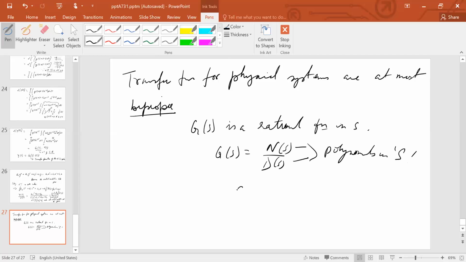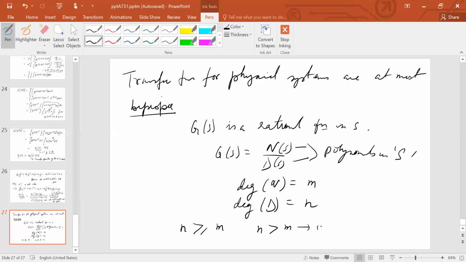All right. So the degree of N, suppose, is m, and the degree of D is suppose n, then n is greater than or equal to m. If n is strictly greater than m, then it is a strictly proper transfer function.